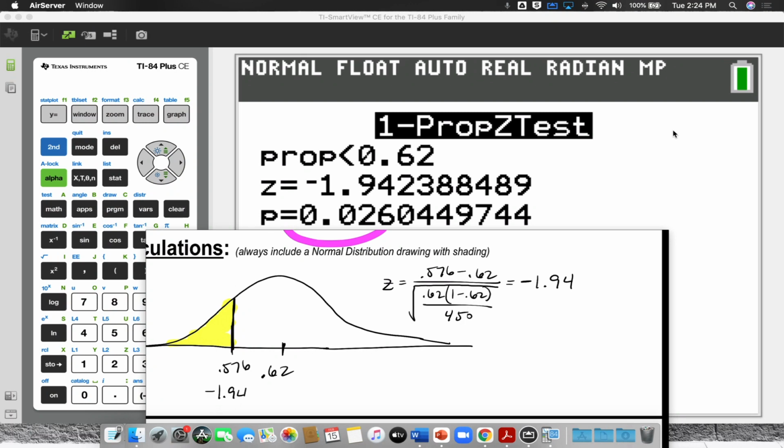It's negative because it's less than the mean. Right below it, they say p equals. That's what we call the p-value. It's not p like proportion, it's p-value as in probability. So write this down. P-value equals 0.0260. I'll explain what that means in a second.